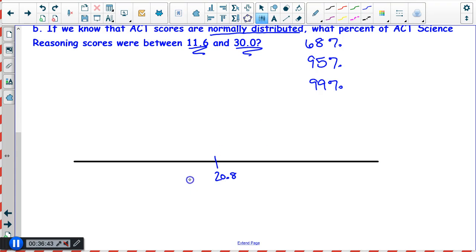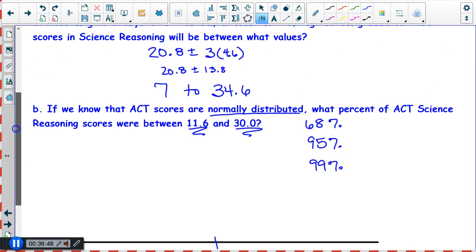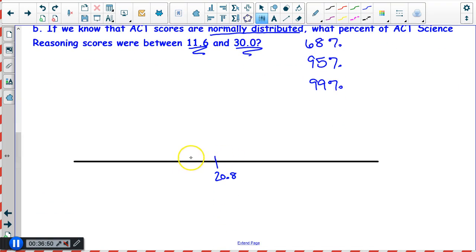I just want to make sure everybody follows. Okay, so then you subtract what? Subtract 4.6. So if you subtract 4.6, you get 16.2. And if you subtract 4.6 again? 11.6. Okay. And then 20.8 plus 4.6. 25.4.